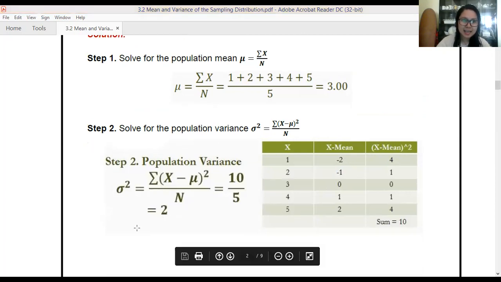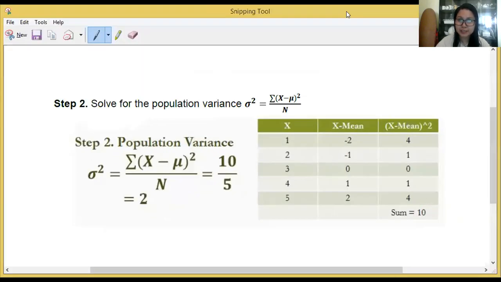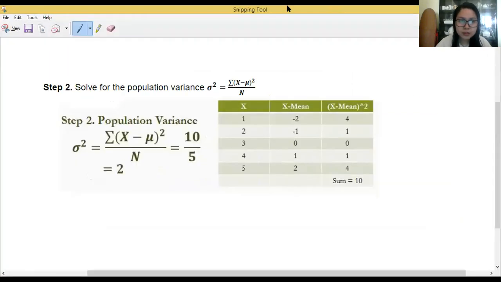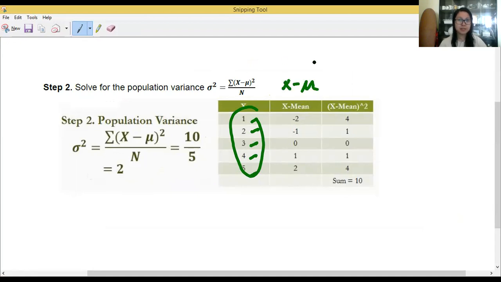Next, in step 2, we will solve for the population variance. Now, how to solve for the population variance? Remember that these are the given numbers, right? That's 1, 2, 3, 4, and 5. In the second column, that will be x minus the population mean.